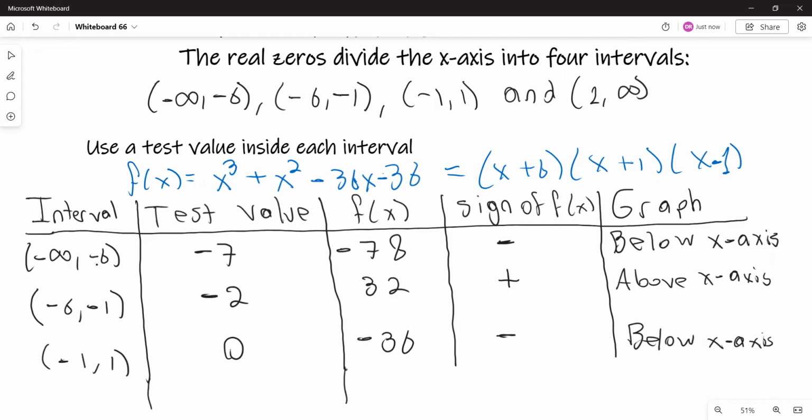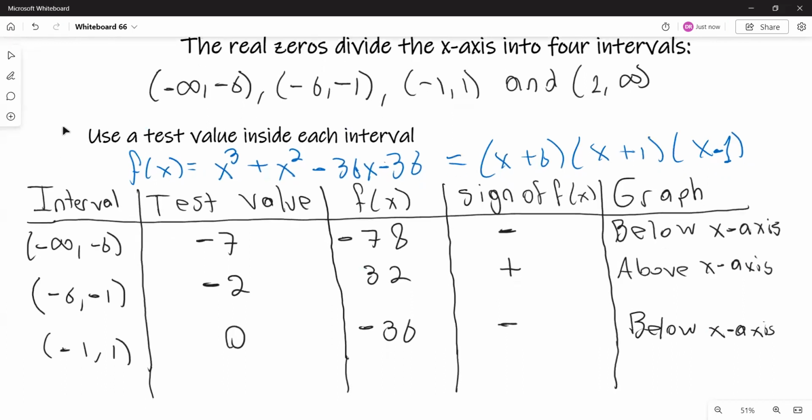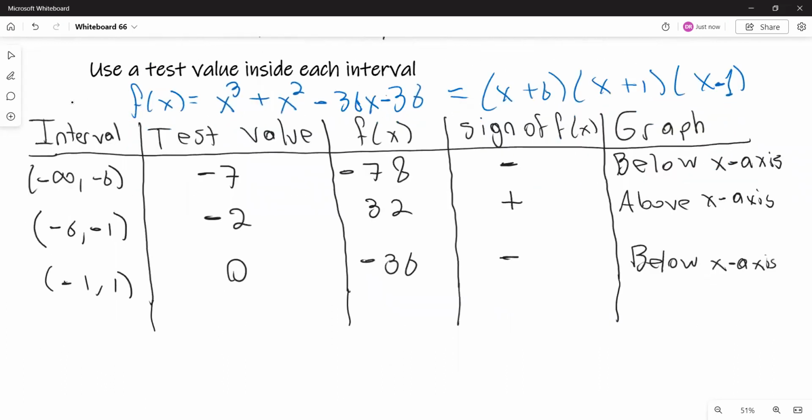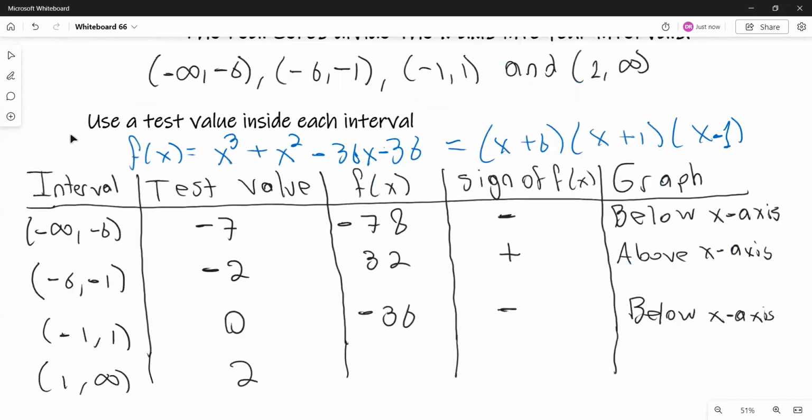And the last interval is 1 to infinity. We're going to evaluate the function at 2. F at 2 is 100. Sorry, oh, I made a mistake. That was negative 1, 6. Let's see what I did. Okay, I see what I did.